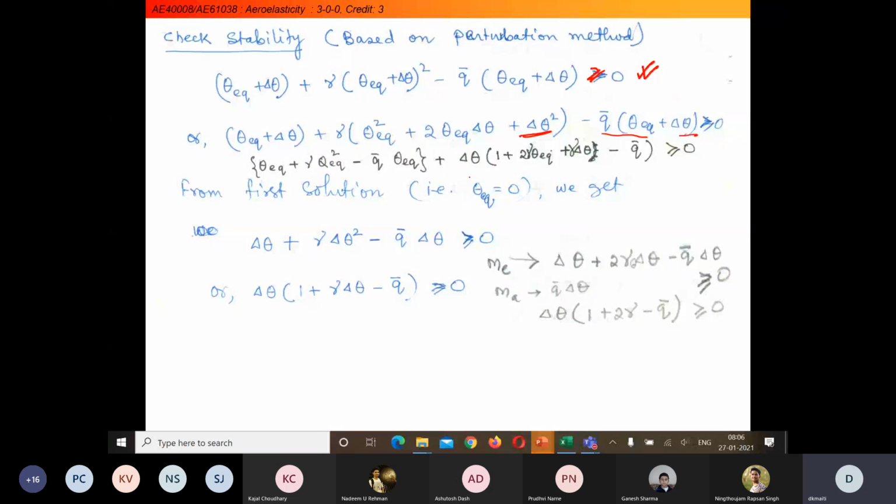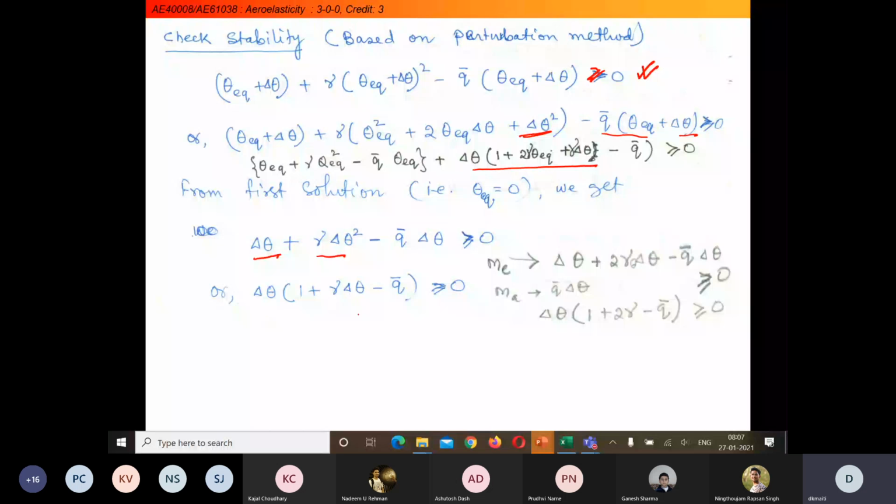Taking delta theta outside, we get delta theta into 1 plus gamma delta theta minus q bar, greater than or equal to 0. If delta theta is approximately equal to 0, we get this equation: 1 minus q bar greater than or equal to 0.